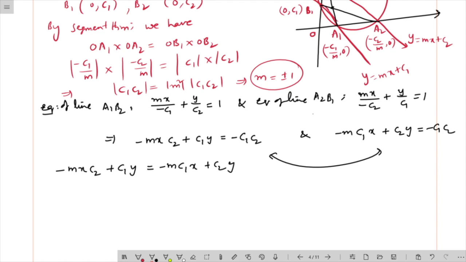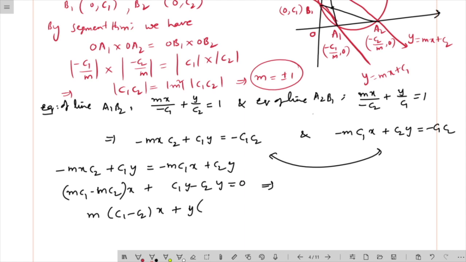Bringing these terms together, we get m(c1 - c2)x + (c1 - c2)y = 0, or taking the common factor, (c1 - c2)(mx + y) = 0.